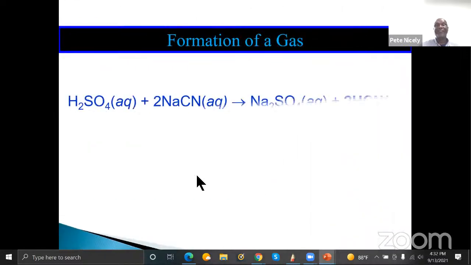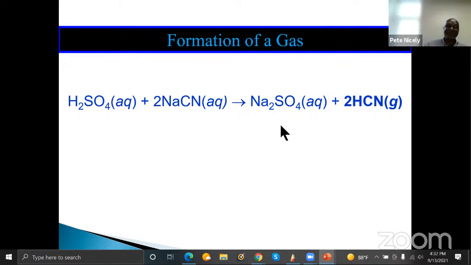And then we have the gas reactions, or the formation of gas reactions. These again are double displacement reactions. Now this reaction here is one that you would not want to do at home or in an enclosed area, because the gas that is produced is very toxic, hydrogen cyanide, all right? It can be formed as a result of the reaction between sulfuric acid and sodium cyanide.